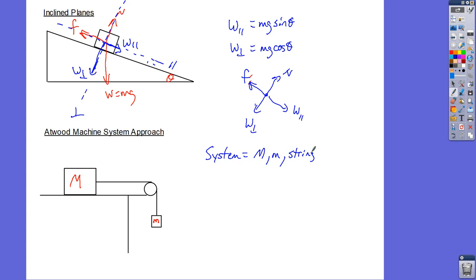So remember that when we're talking about a system, the acceleration of the system is equal to the net force on the system, or the net external force, over the mass of the system.